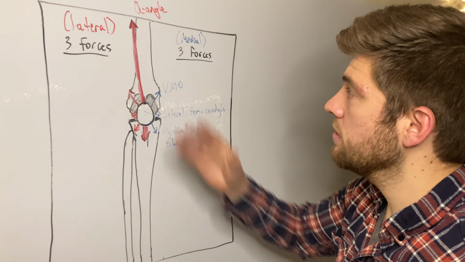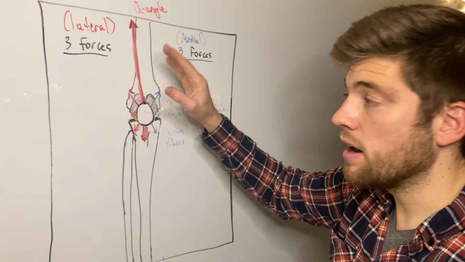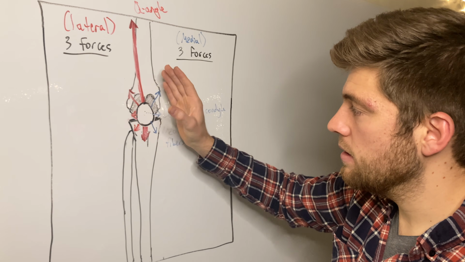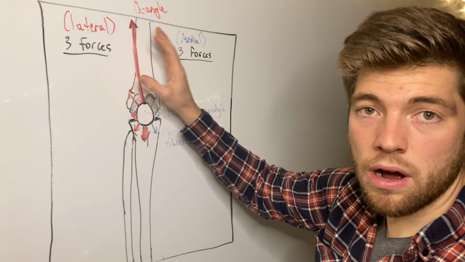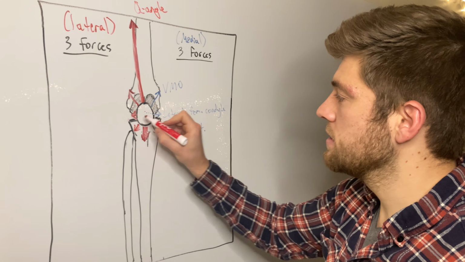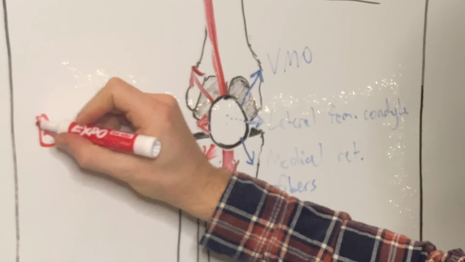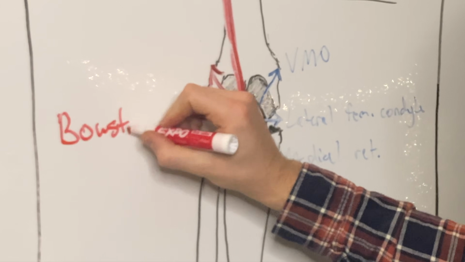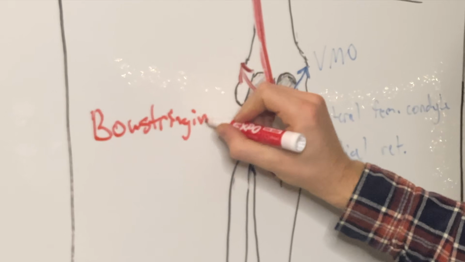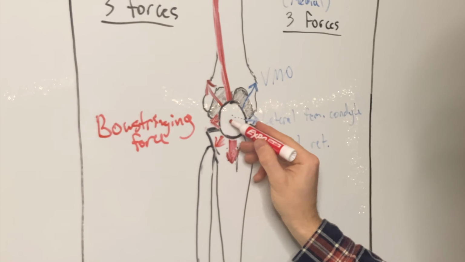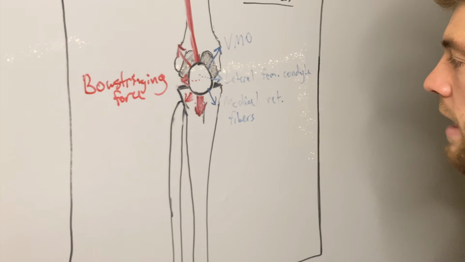All right, and now these arrows in red are representing the lateral forces on the patella. So the big one here is, like I said, the Q angle is wanting to pull the patella out a little bit because of the pull of the quadriceps, and that is represented here in this middle arrow by a bowstringing force, wanting to pull the patella that way.